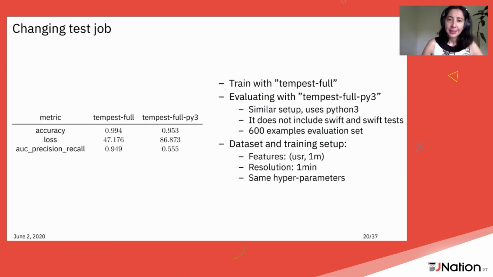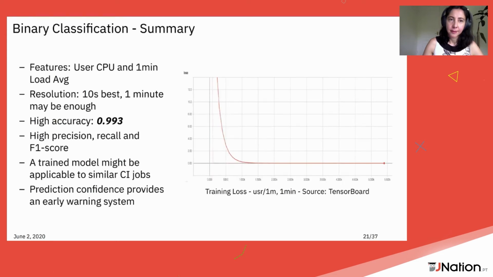We found that the metrics were pretty good, not as good as the ones obtained with the TensorFlow dataset, but high enough to say that the model is portable to similar CI jobs. So this was one of the main findings from this first set of experiments.